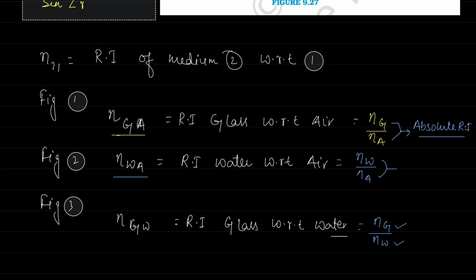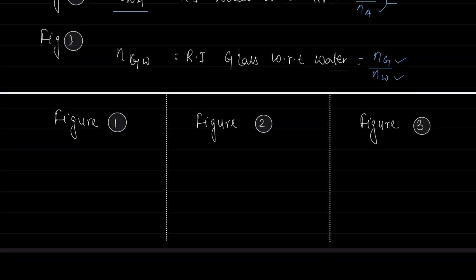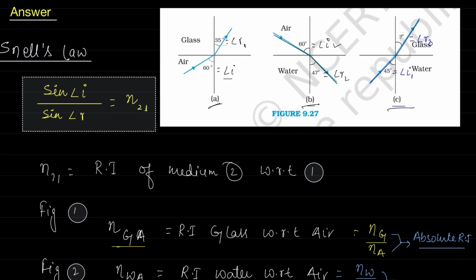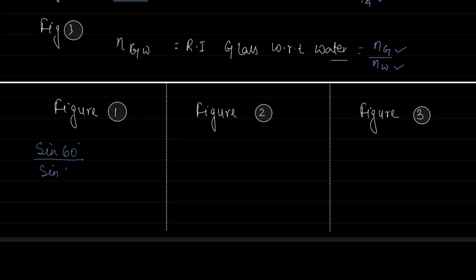So let's use Snell's law for figures A, B and C. For figure 1, Snell's law gives sin 60 degrees by sin R1, where R1 is given as 35 degrees, is equal to Nga.